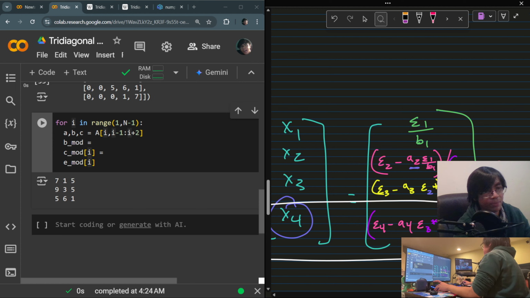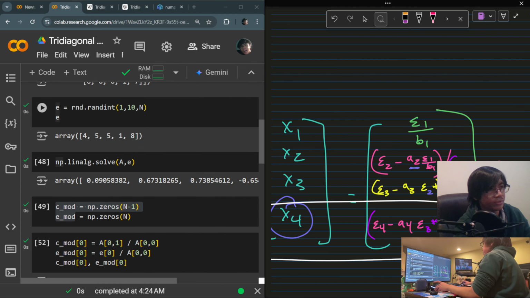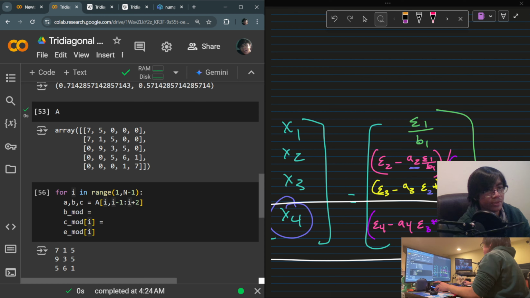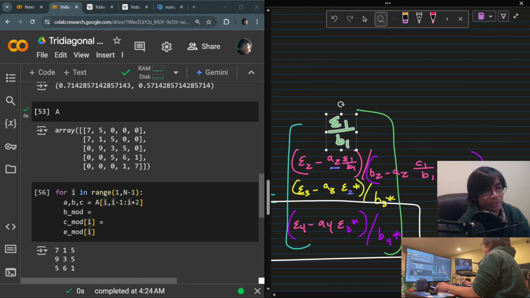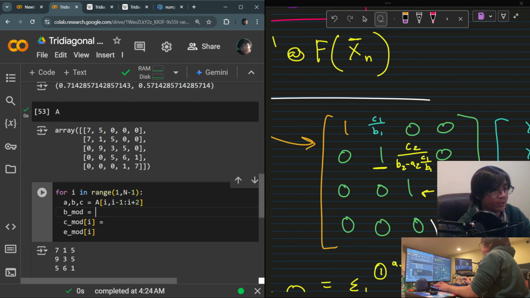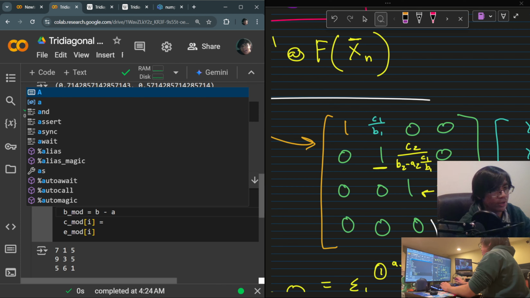So we have to multiply the current E2. So up here, our current E2, 5, minus our A2, multiplied by our previous E modified value, divided by the modified B value. So there's that B2 that comes back. So this B2, well, B star in all cases will be the current B minus the current A. Those are the same index, so that's why they're current.